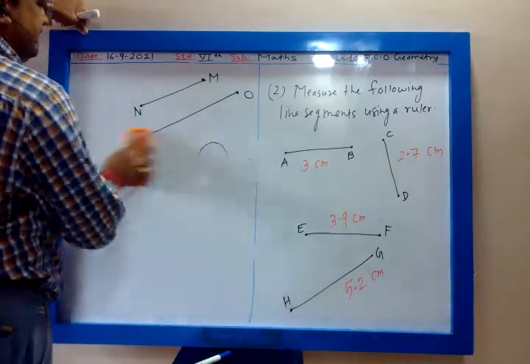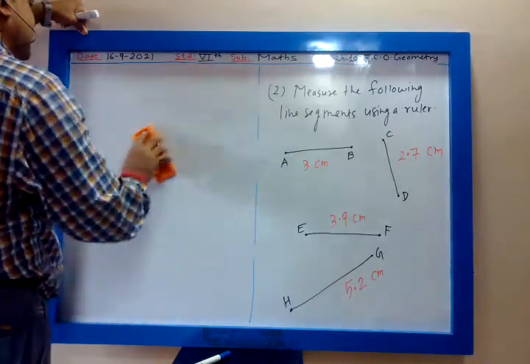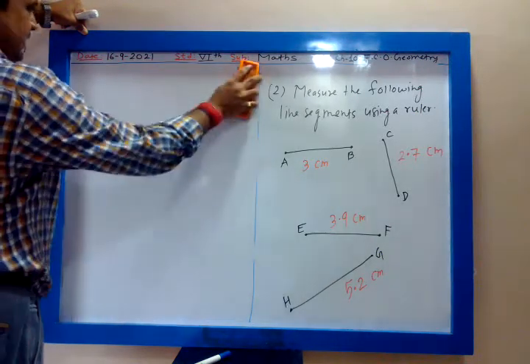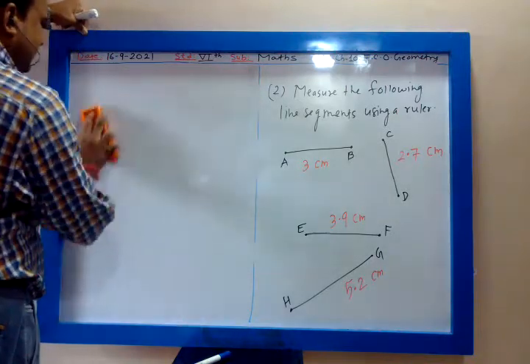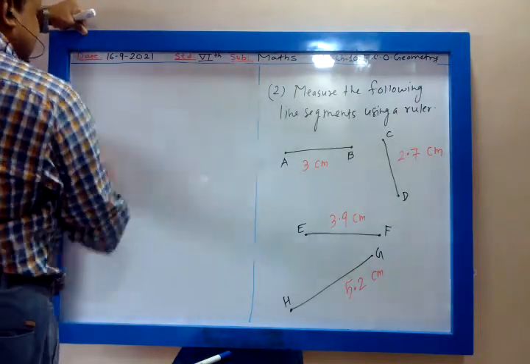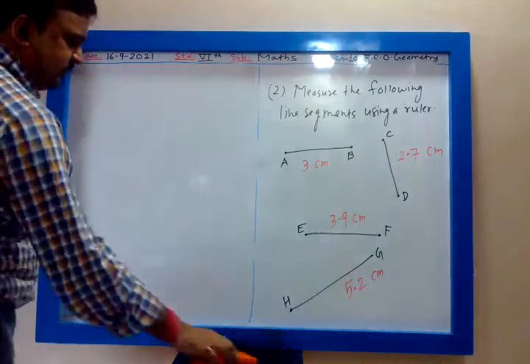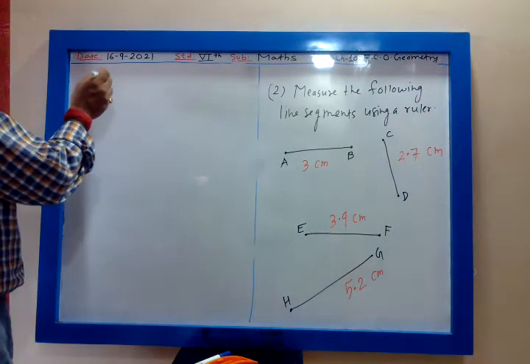That you will see next year. We are going as per the reduced syllabus. Then now we will do the sixth one. Construction 3, 4, 5 are omitted.